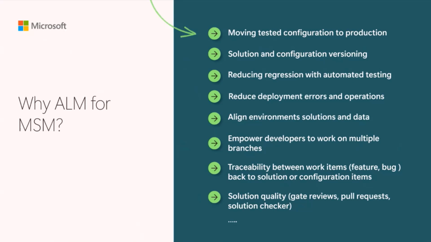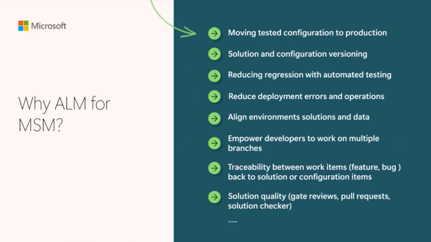Also, over time, you would like to make sure that all your non-development environments look alike with the solution and data, so that you don't end up in a situation where one environment is working while the other is not. You need automations to make sure that all the environments are aligned with the same versioning, both solution and platform version.